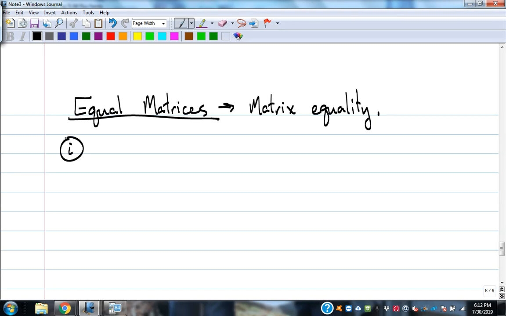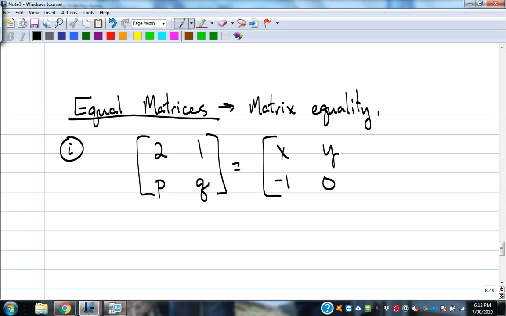But here's the deal. You have two matrices, or maybe more, that are equal to one another. If a matrix is equal to another matrix, then that means spot for spot they're equal to each other. So let's take a simple one to start off with. 2, 1, P, Q, and on the other side, X, Y, -1, 0.